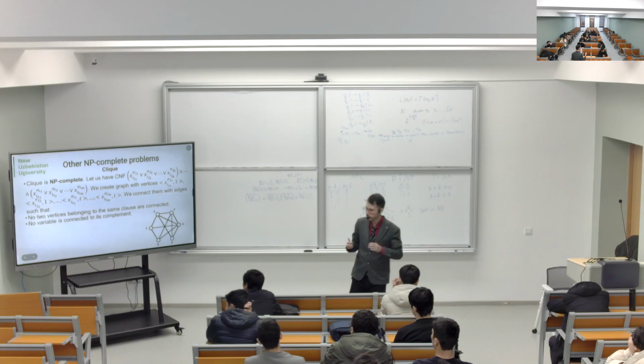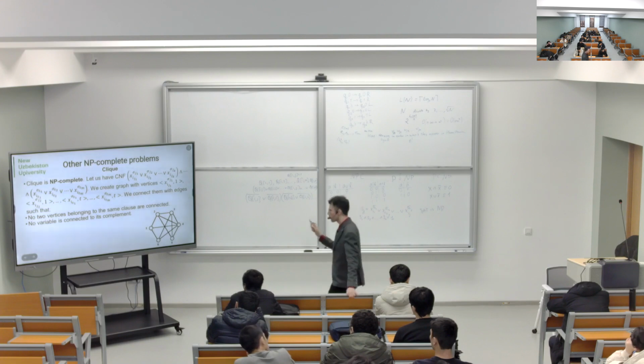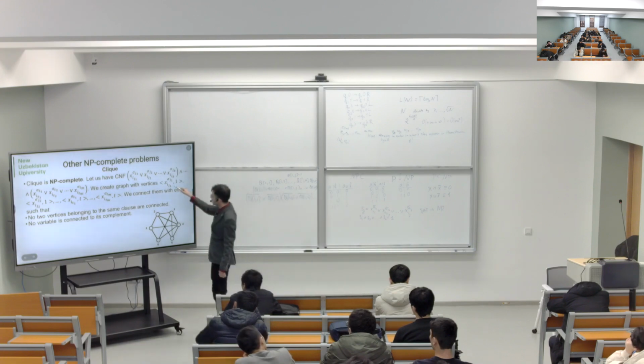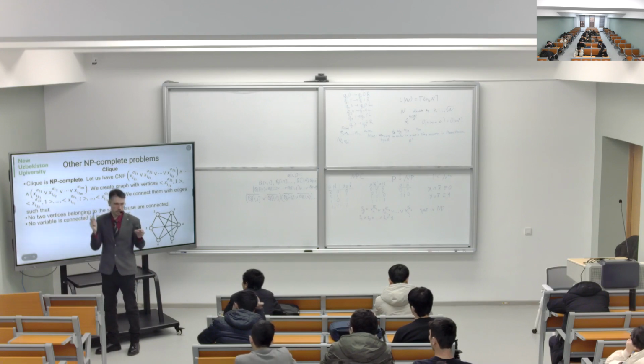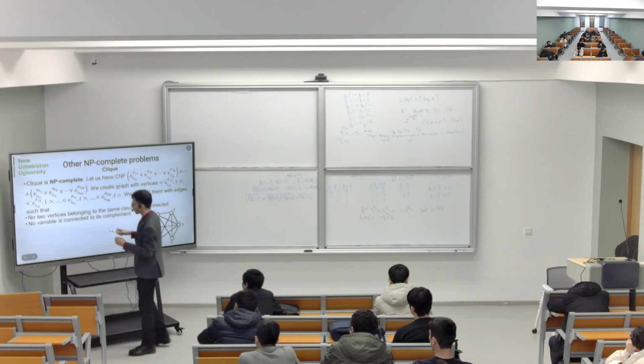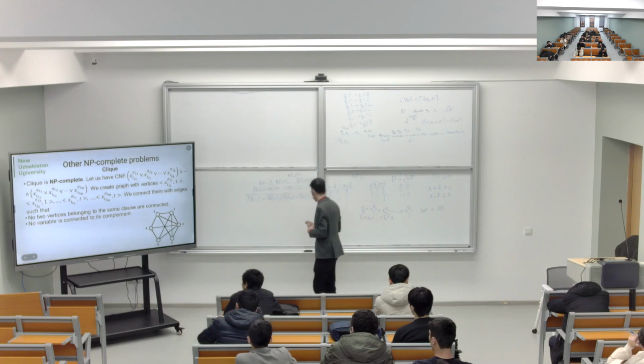Okay, so we have that. Now, we connect the edges in a specific way. No 2 vertices belonging to the same clause are connected. So x_i,j1 with 1 is not connected to x_i,j2 with 1. If they have the same number in the pair, they are not connected. No variable is connected to its complement. So what does it mean?